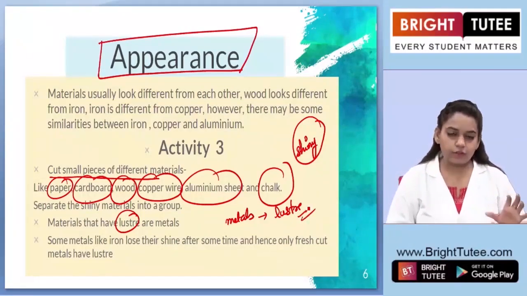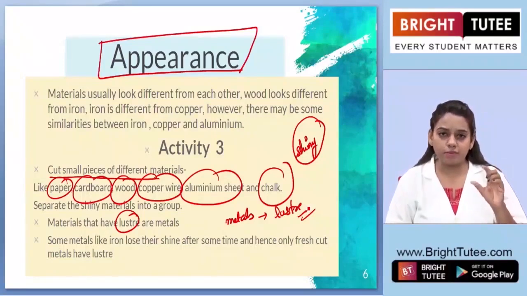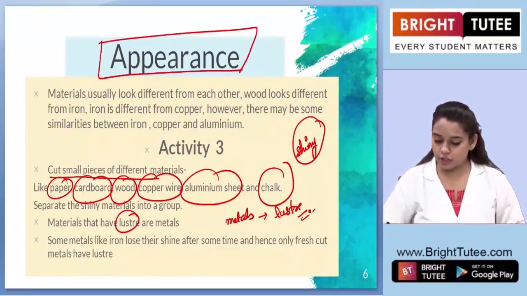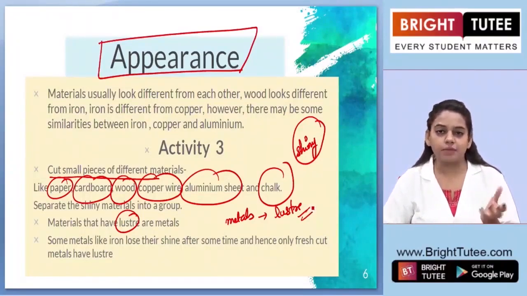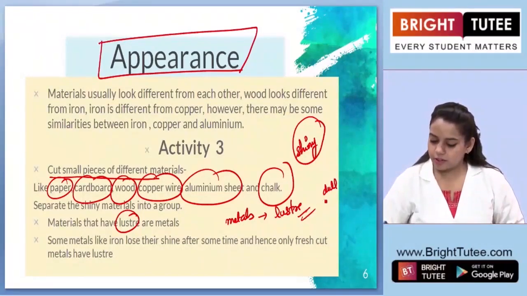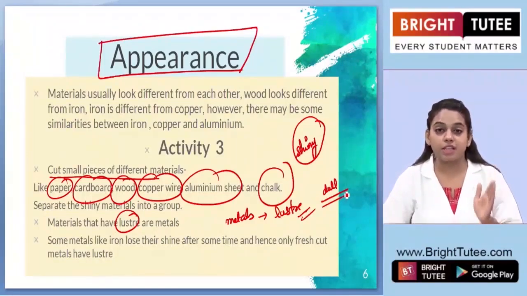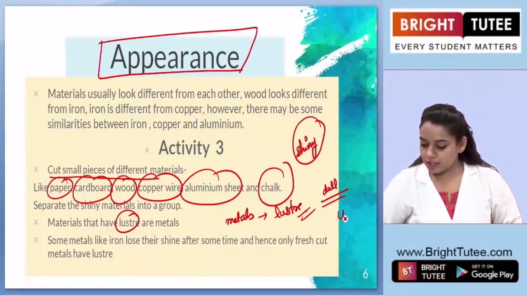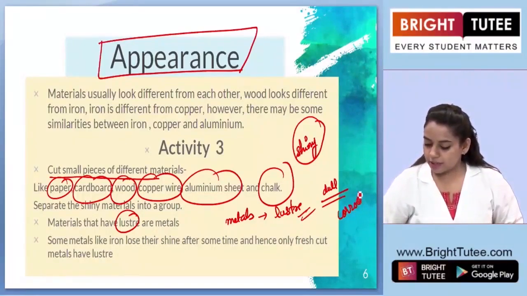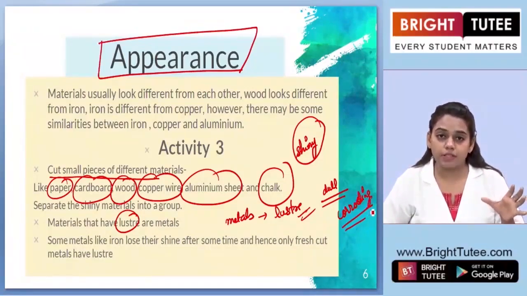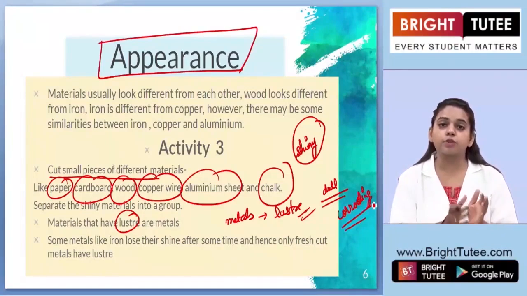You will observe that in some metals only the freshly cut metal is shiny, and after some time it becomes dull and does not shine. Why does this happen? This happens because the surface of the metal starts corroding. Some materials that are very reactive react with air and moisture present in the atmosphere, and start to corrode.